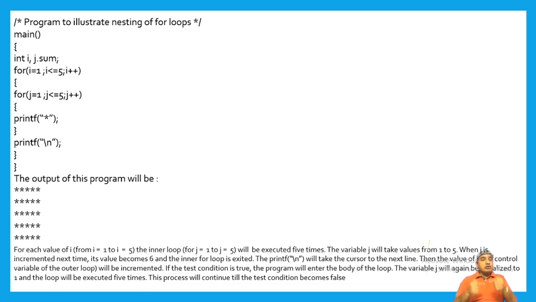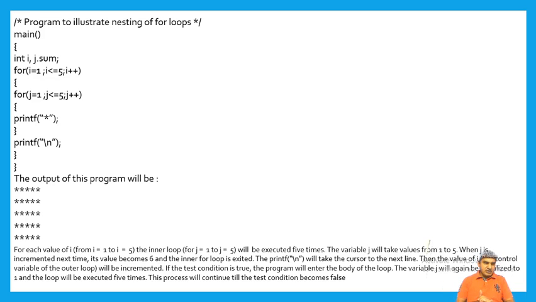This for loop is executed while i is less than or equal to 5. When i is greater than 5, the execution of the program goes outside the loop. Each time it prints a star. For the second for loop, again there is a test condition: j is equal to 1, initialization, j is less than or equal to 5, the test condition, and j is incremented.